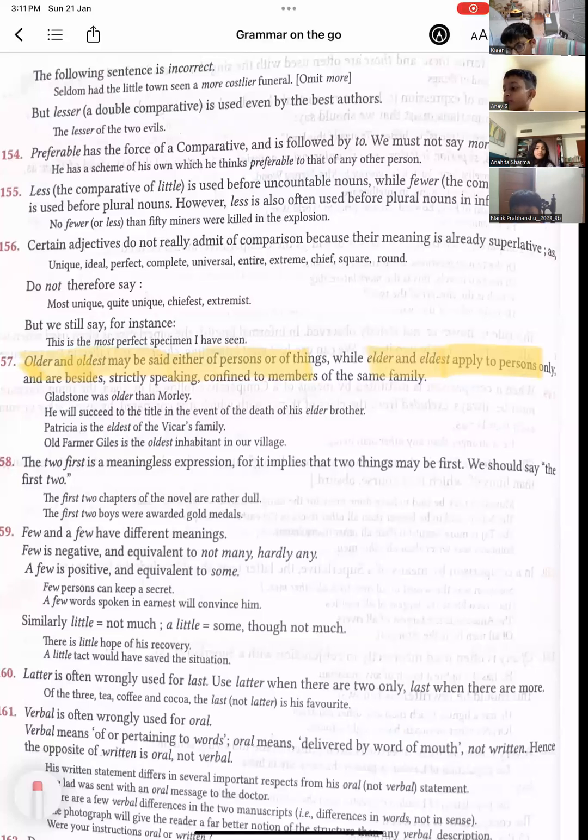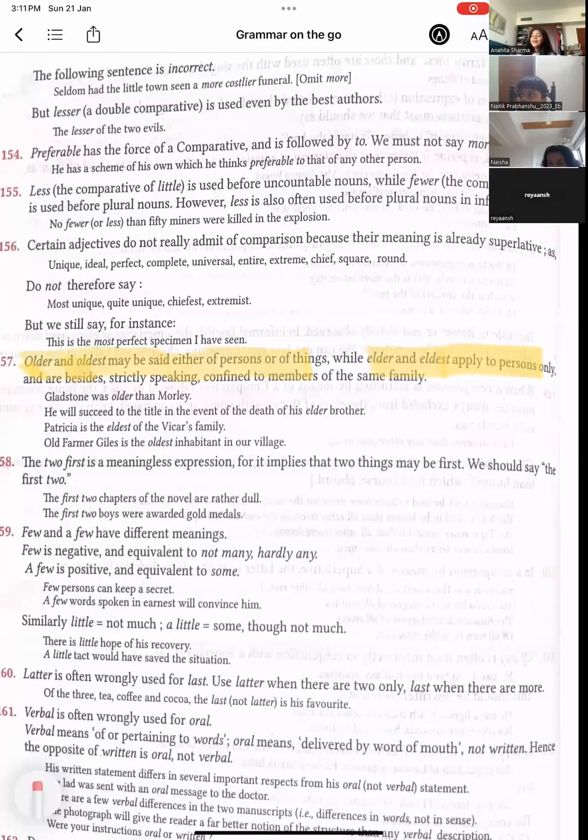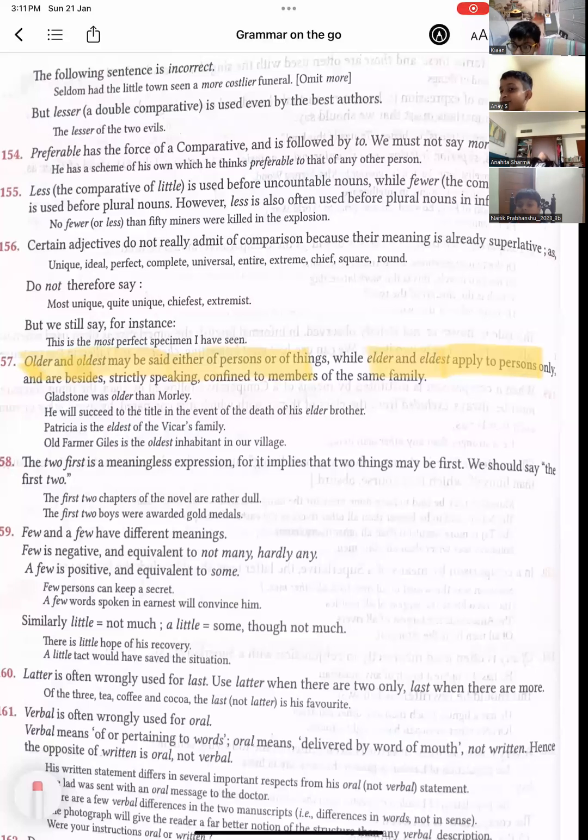Come on. Technically, never. But you're like, why are you teaching me all these things when it doesn't make sense, ma'am? The only reason I'm saying is, when you have that confusion, should I say older brother or elder brother? So keep in mind that older or elder may be said for person or things. Okay, but elder is the right, it's the better option.